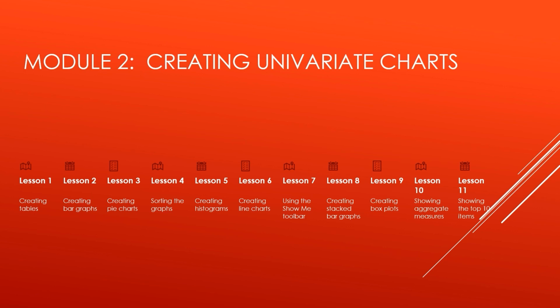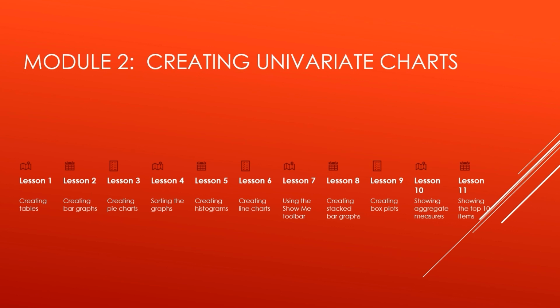We then created stacked bar graphs using the Show Me toolbar to select that option as well. We moved on to creating box plots 2 different ways. The first way, we used a reference line of box plot to add to our visualization. And the second way, we used the box plot from the Show Me toolbar.